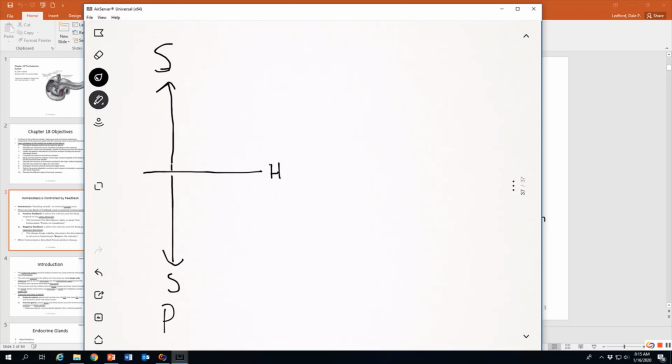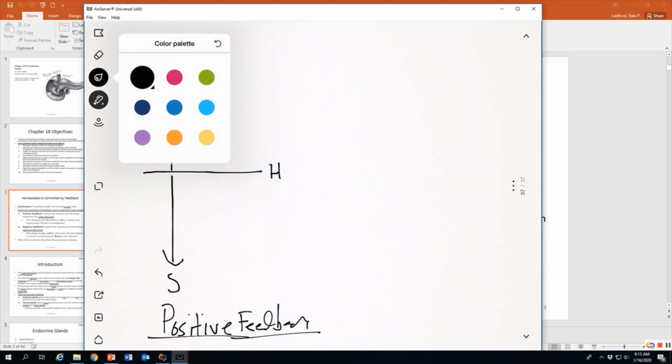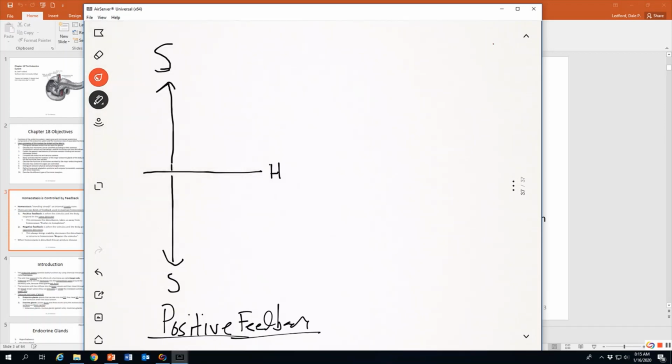So let's write down here below that, positive feedback. In a positive feedback mechanism, if the stimulus were to go up, the body, when it responds to that, will respond in the same direction.